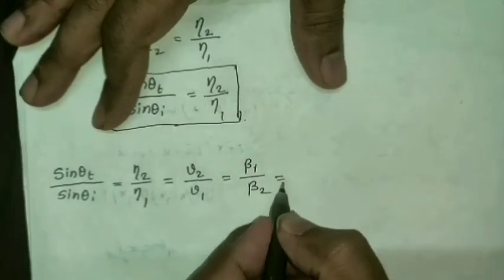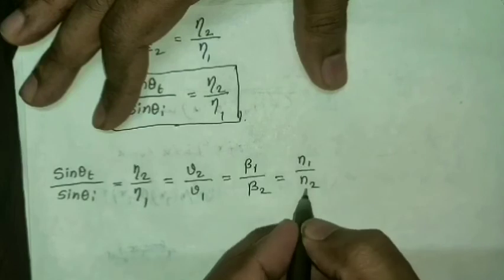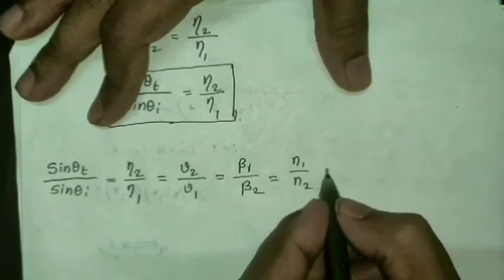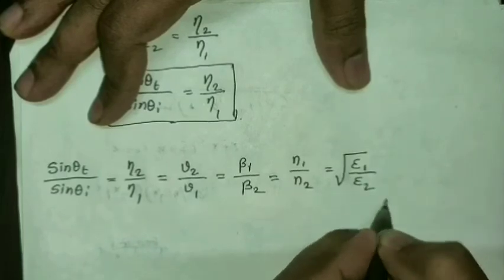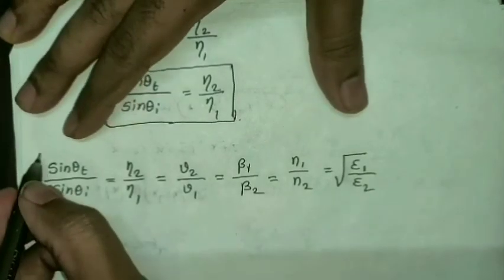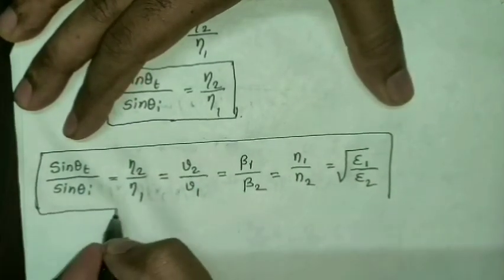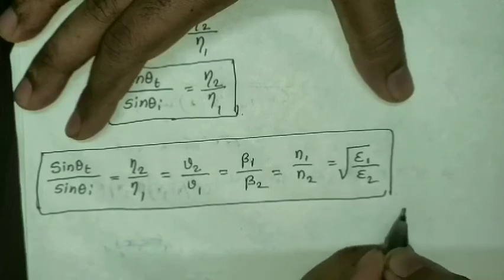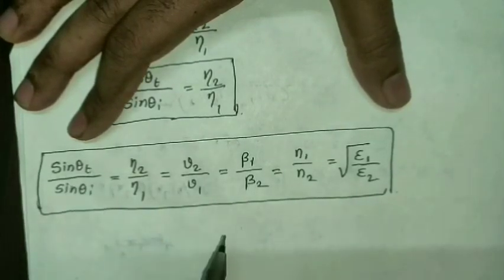It can also be n1 by n2, the refractive index of medium 1 to that of medium 2, or the square root of epsilon 1 by epsilon 2, the permittivities of both mediums. These are the various representations for the sine of the transmitted angle to the sine of the incident angle.